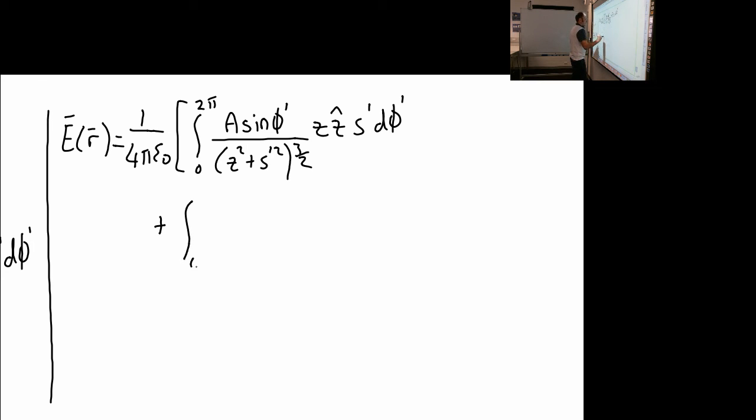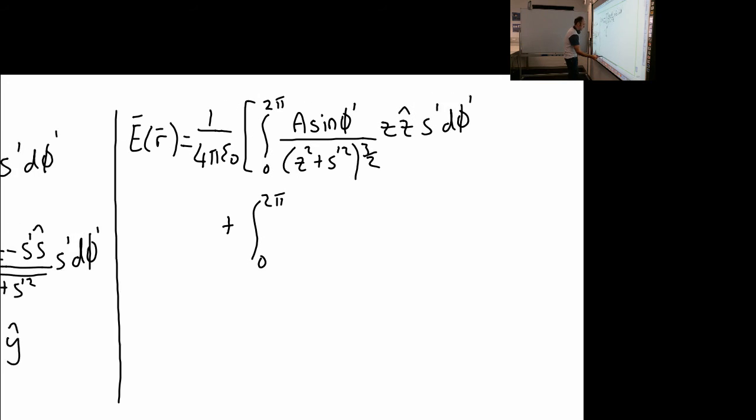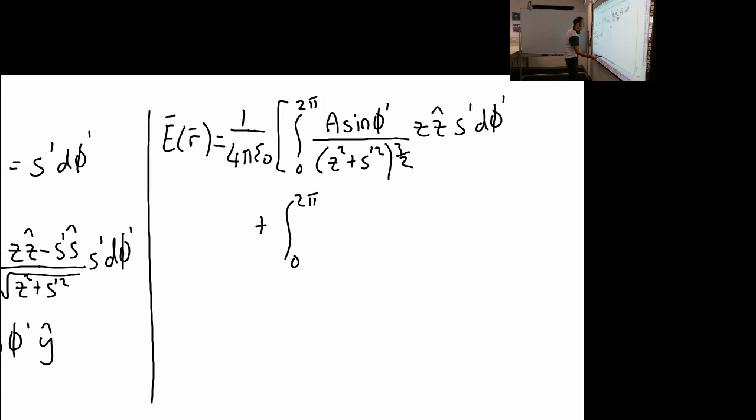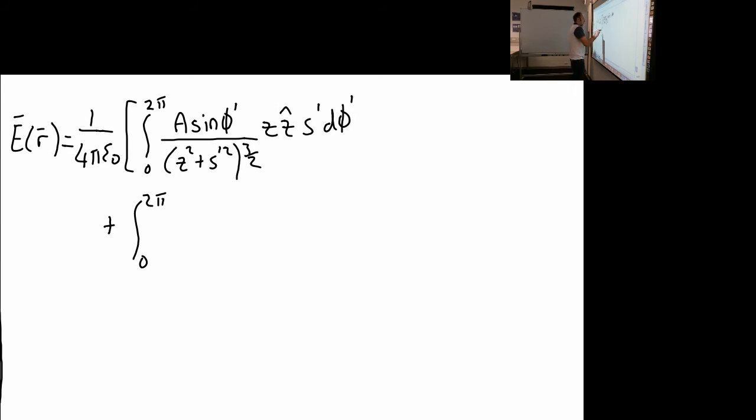Plus the integral, and this is going to be now for our x hat direction. So we have A sine phi prime cos phi prime over z squared plus s prime squared to the 3 over 2.